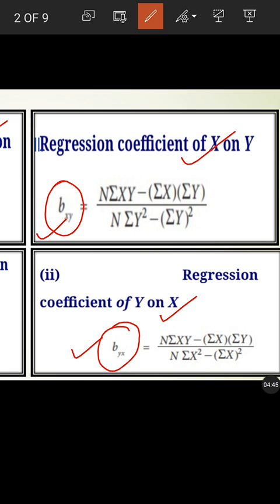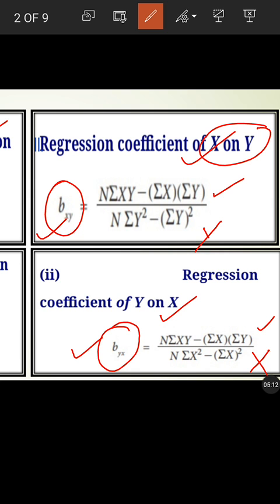From this formula you can see that the numerator is the same, n into summation xy minus summation x into summation y. But in the denominator alone, you should remember that when it is x on y, the denominator will have only y values. For y on x, the denominator will have x values. The numerator is common for both the coefficients, but the denominator is different.